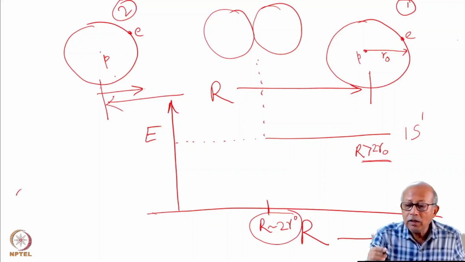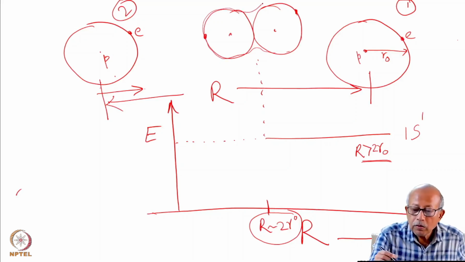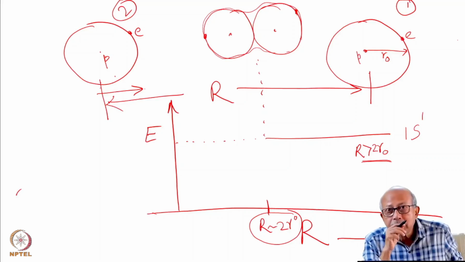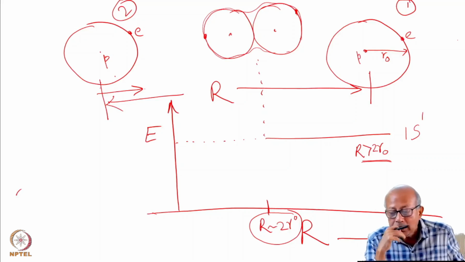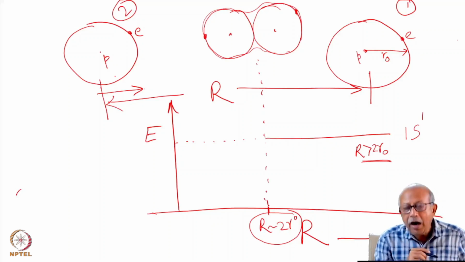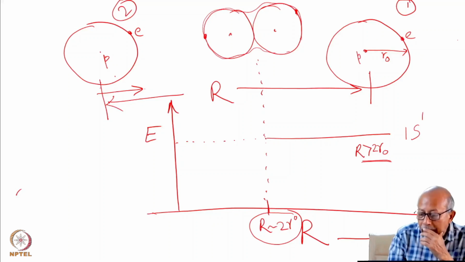That means each electron is now revolving around both the nuclei. This is equivalent to saying that at this point, where R is nearly equal to 2R0, the energy level is split into two levels.